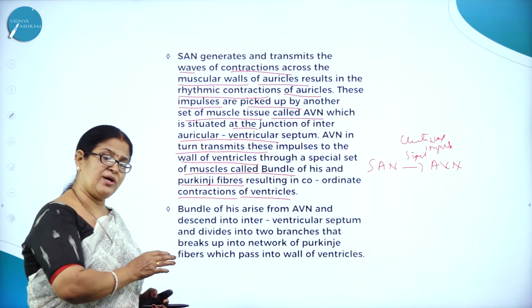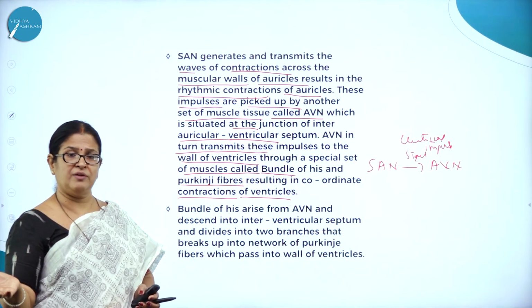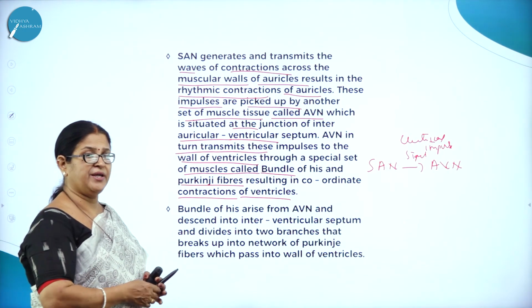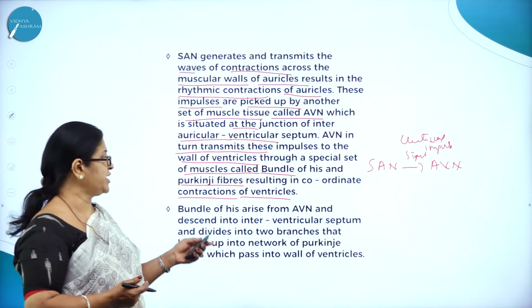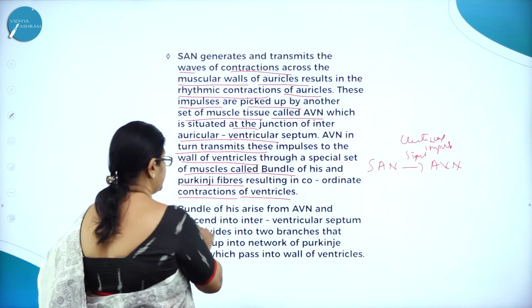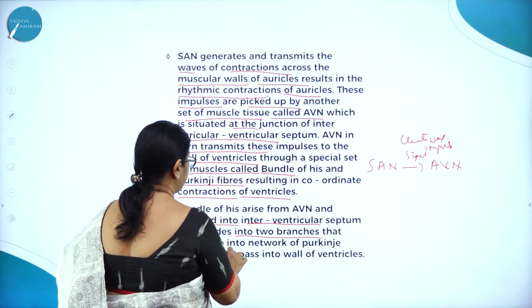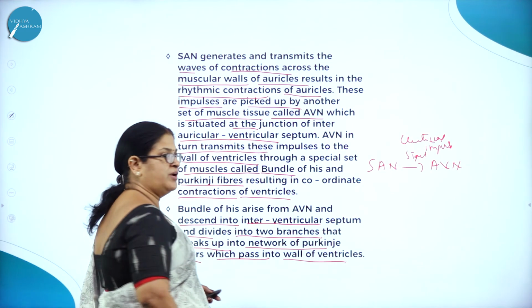The right ventricle, which has deoxygenated blood, contracts, and the left ventricle, which has oxygenated blood, also contracts. This is made possible by bundle of His and Purkinje fibers. Bundle of His arises from AVN, descends into the interventricular septum and divides into two branches that break up into a network of Purkinje fibers which pass into the walls of ventricles.